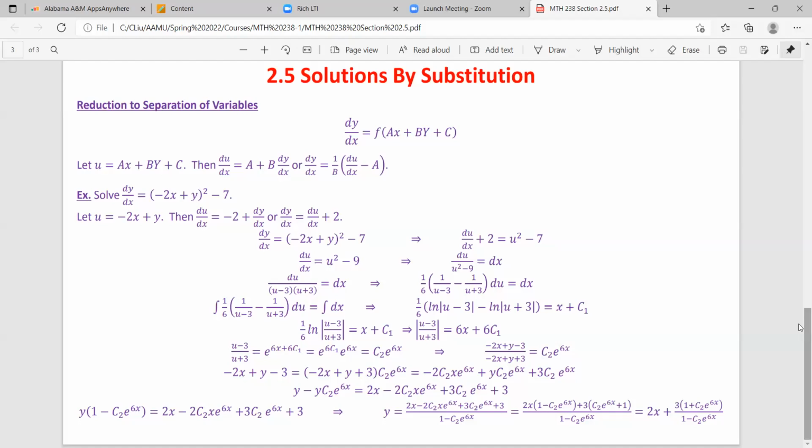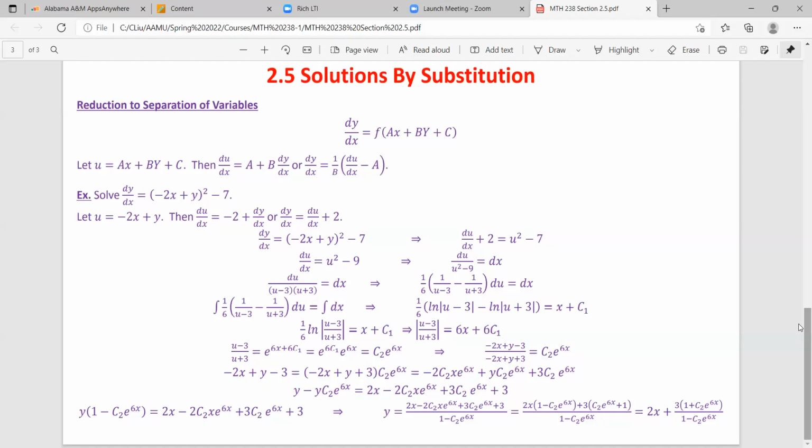Then the natural log of absolute value of u minus 3 over u plus 3 equals 6 times x plus 6 times C1. Again, the left side should be the natural log of the absolute value of u minus 3 over u plus 3; I just forgot to put that.